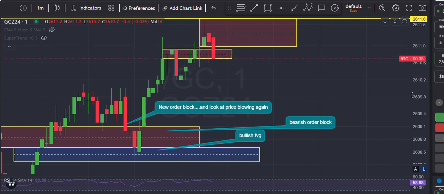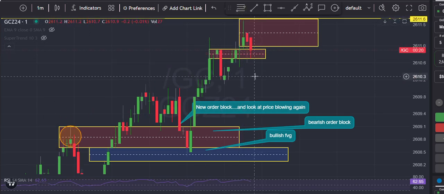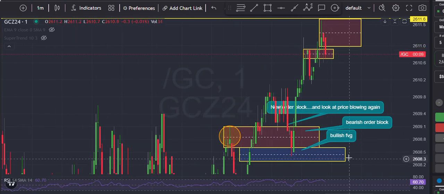And guys, I promise you, one thing about me, I'm going to take it to the charts and show you. We have a bearish order block here, a bearish order block here. We already retested our high. At this point, we're going to look for gold to possibly start falling and coming down into this area, or retesting this bullish fair value gap down here.